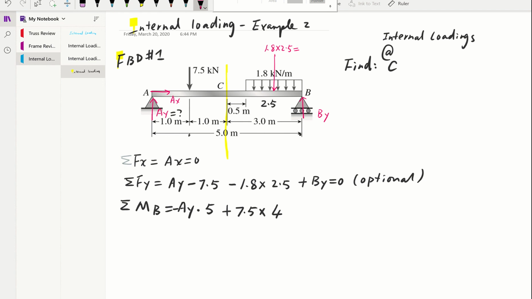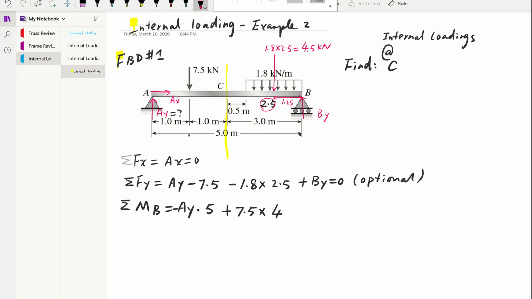And put into calculator, that gave us 4.5 kilonewton, and that happened to be distance here. How far is that? Would that be 1.25? Because it's going to be half of 2.5.